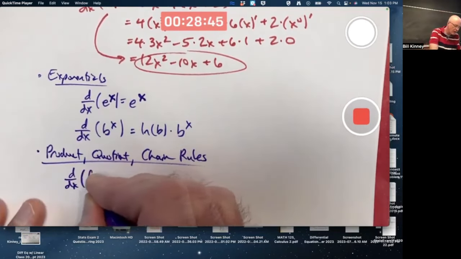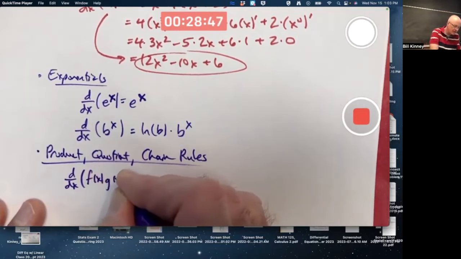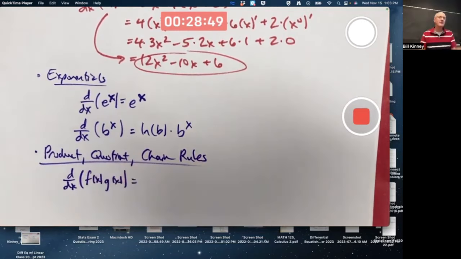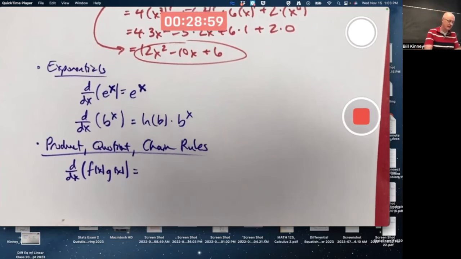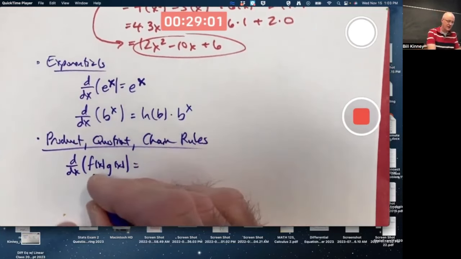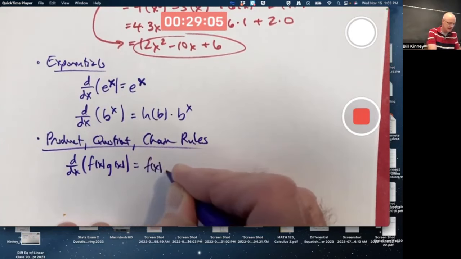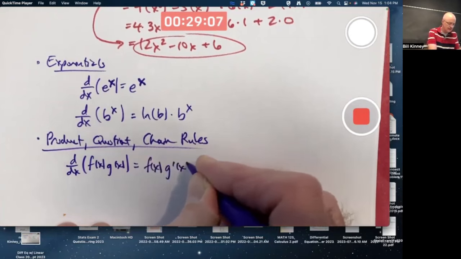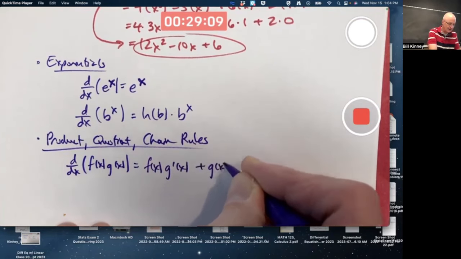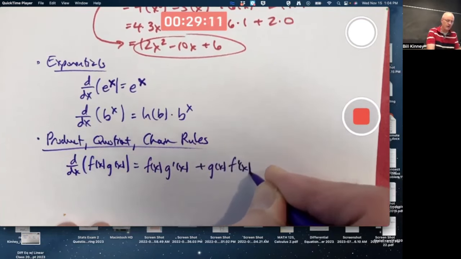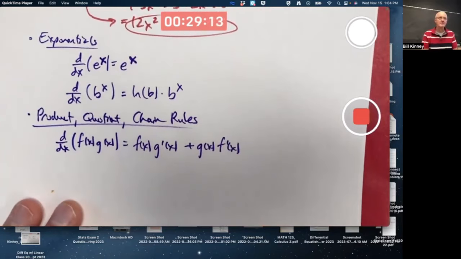Even when you don't know formulas for f and g, but maybe function values and derivative values, like given in a table or maybe with a graph, you should still be able to apply the product rule. There's your left function f, there's your right function g, left d right plus right d left. There you go, there's the product rule.